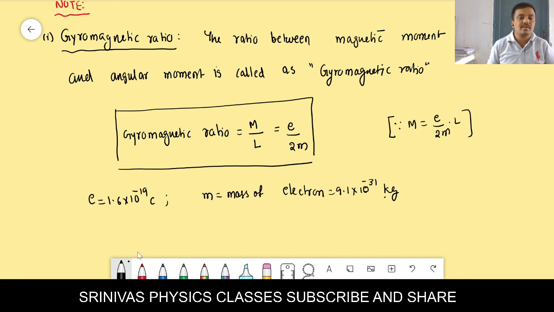If we simplify it, the gyromagnetic ratio is 8.8 into 10 to the power of 10 coulomb per kg.